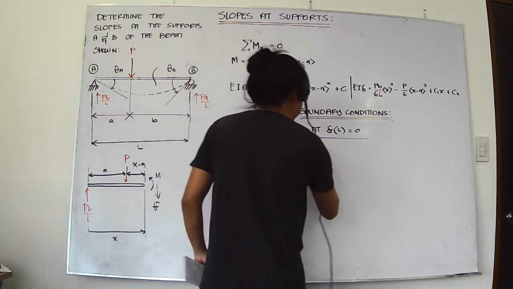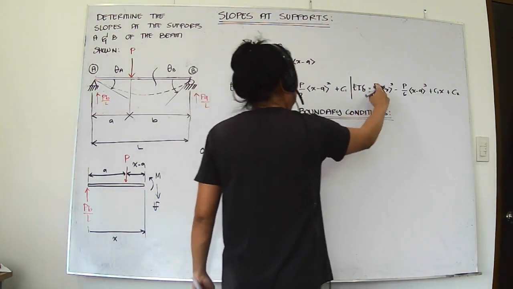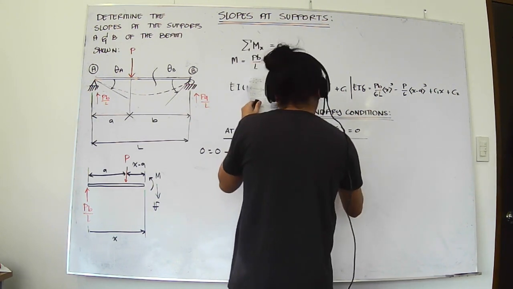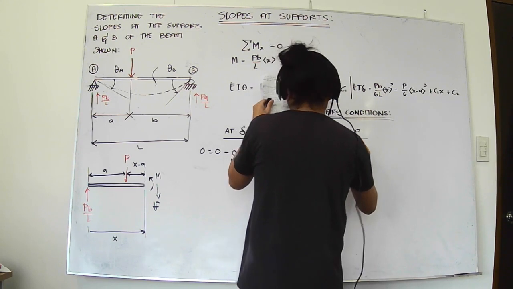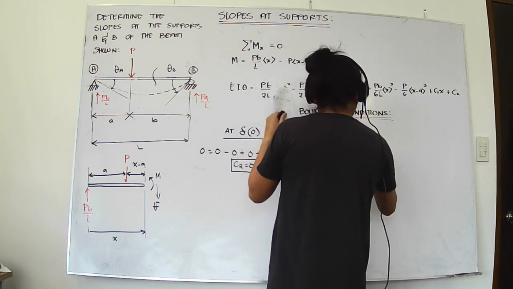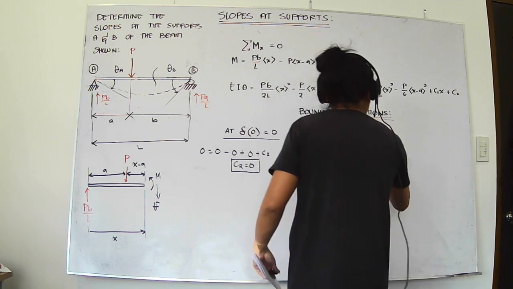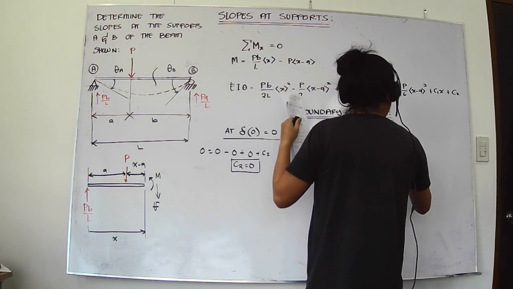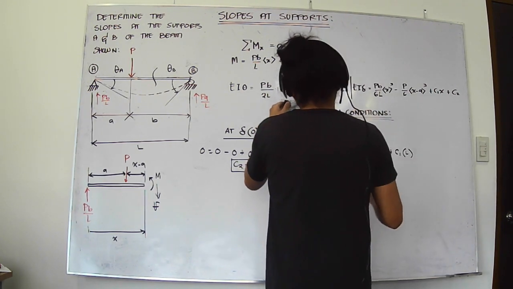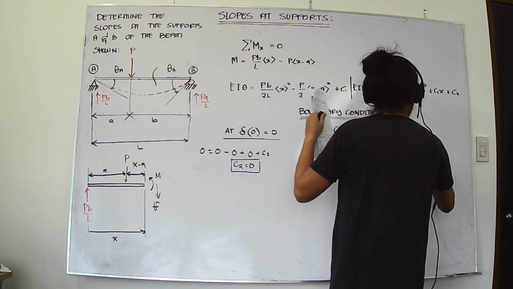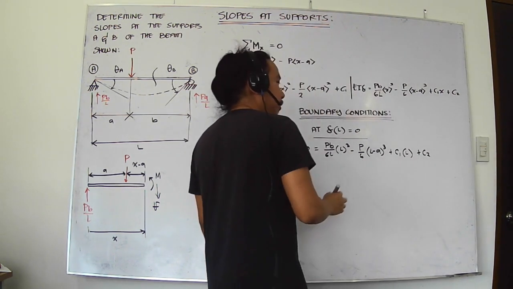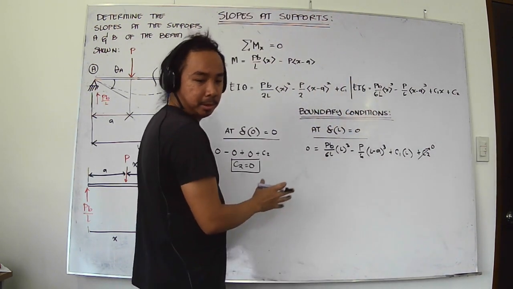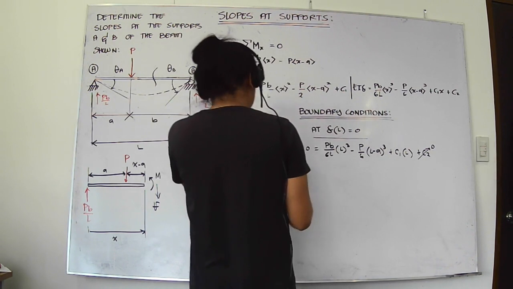So 0 equals PB over 6L times L cubed, minus P over 6 times (L minus A) cubed, plus C1 times L plus C2, but we already know that C2 is equal to 0, so that diminishes.